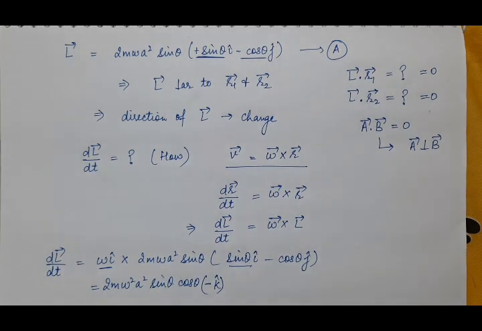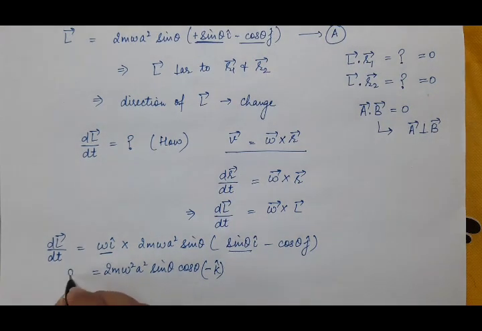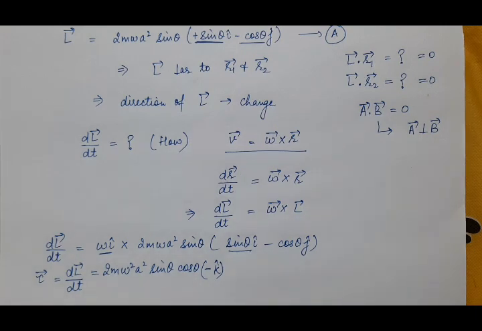And what is this dL by dt? We know that dL by dt is equal to torque. So when the direction of L vector is changing, it means L vector is not a constant vector. So as L is changing, dL by dt will be non-zero.